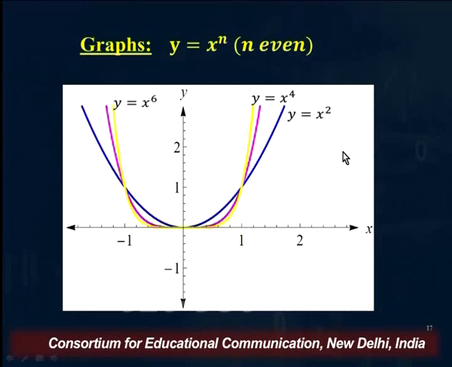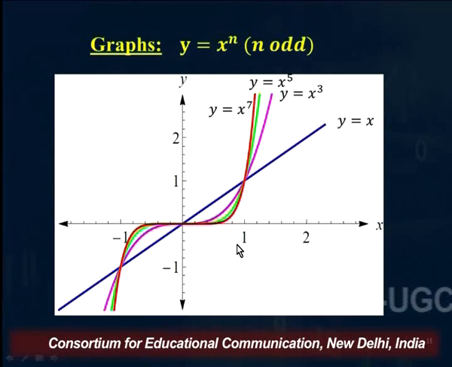For example, if x were 2, then x squared would be 4, but x to the power 4 would be 2 to the power 4, which is 16. 2 squared is 4, 4 twos are 8, 8 twos are 16. So there the height becomes more than what you have for the blue curve. That is what you have to note in terms of the heights.